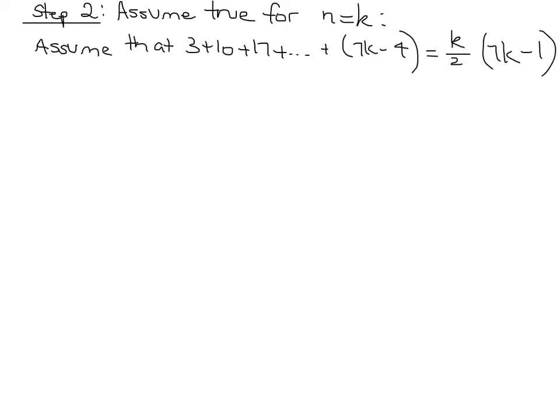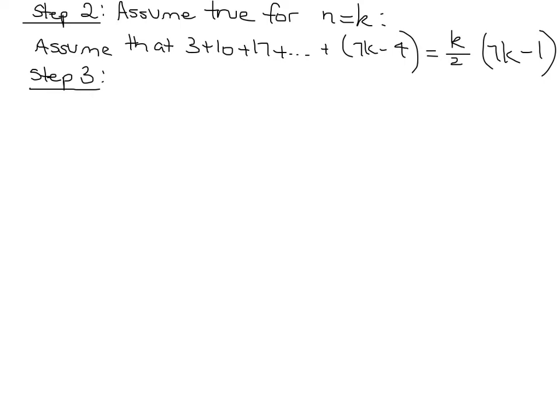So all you're doing in step 2 is rewriting the question. Instead of n, you're putting in a k. But if we can prove it's true for n equals k plus 1, therefore it's true for any number, following on the fact that we've proven it's true already for n equals 1.